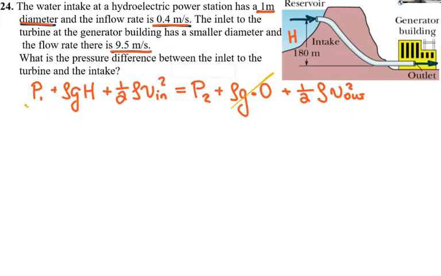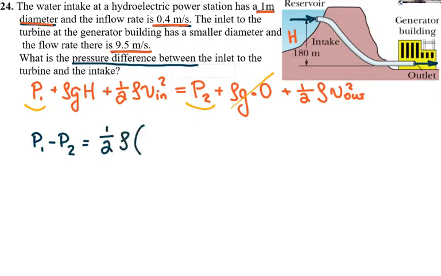So we need the P1 and P2 difference. So P1 minus P2, that's what they asked, the pressure difference, is equal to rho gh. Well, let's do it this way. It's 1/2 rho v out squared minus v in squared, and minus rho gh.